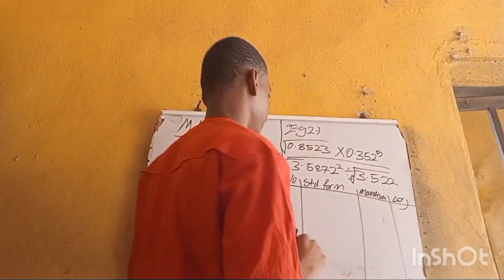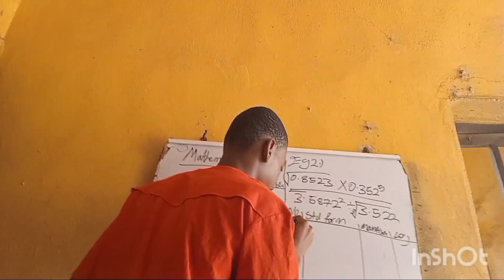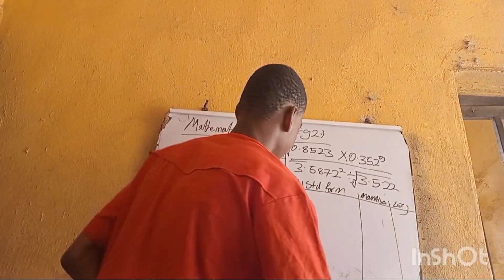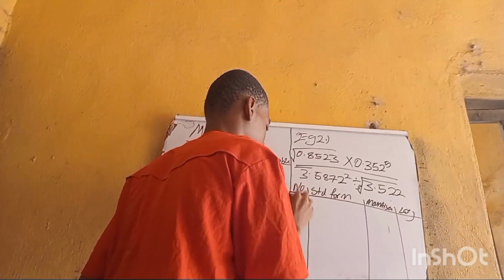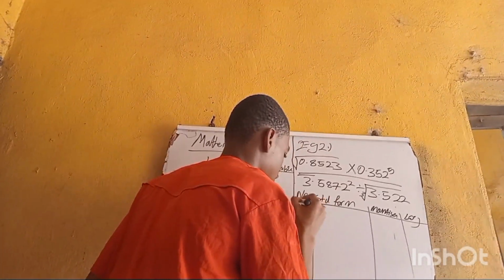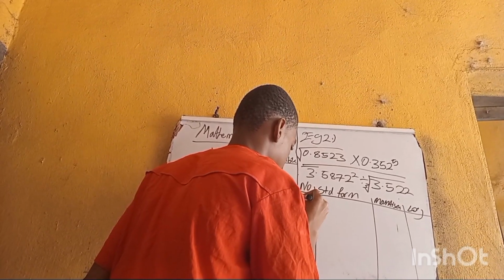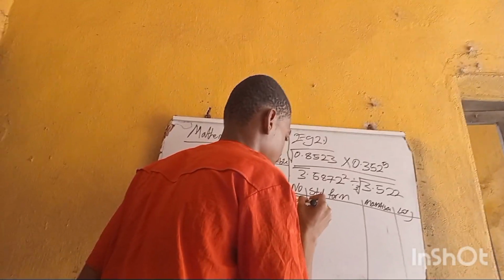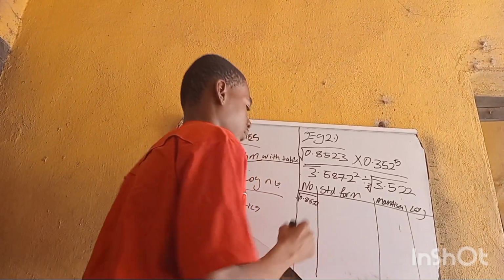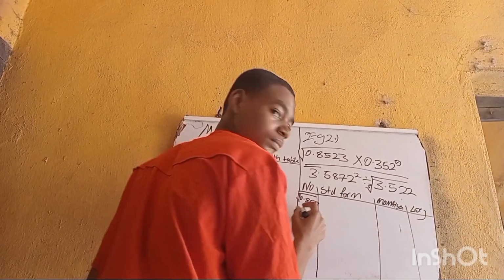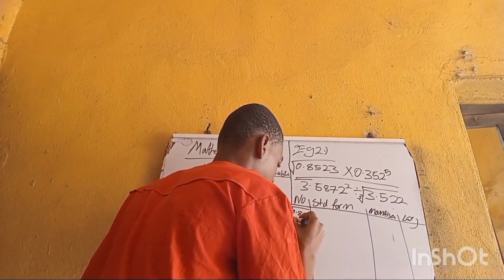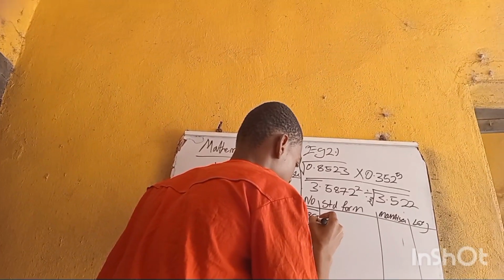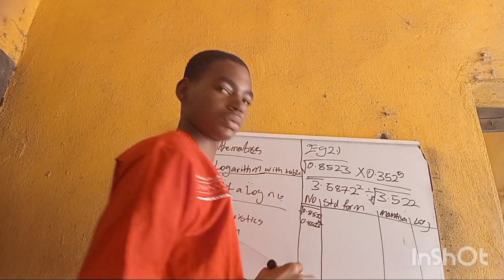Let us start solving. We have the square root of 0.8523. Now, this can also be written as 0.8523 raised to the power of 1 over 2.